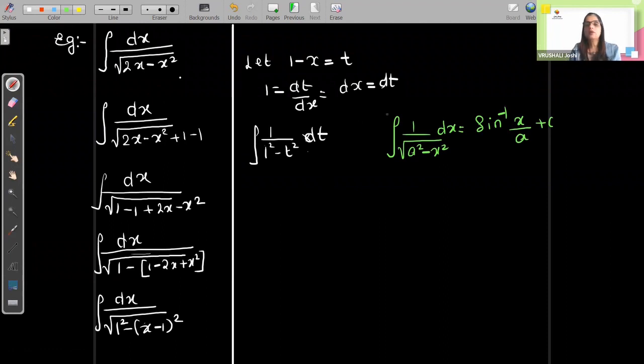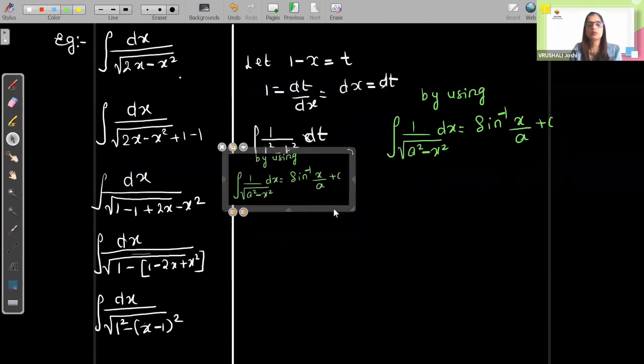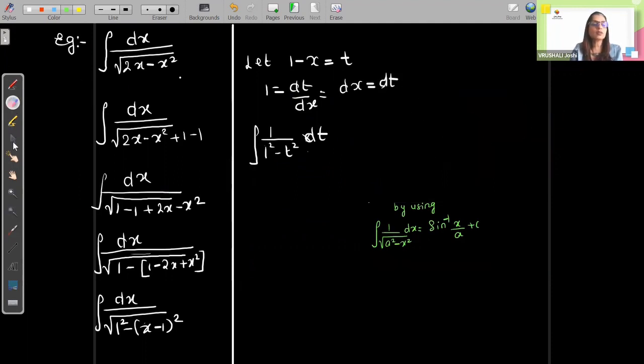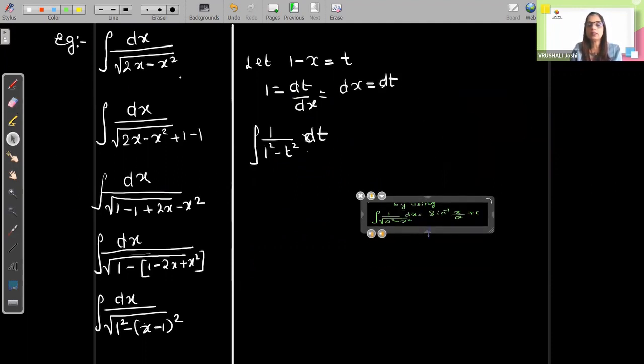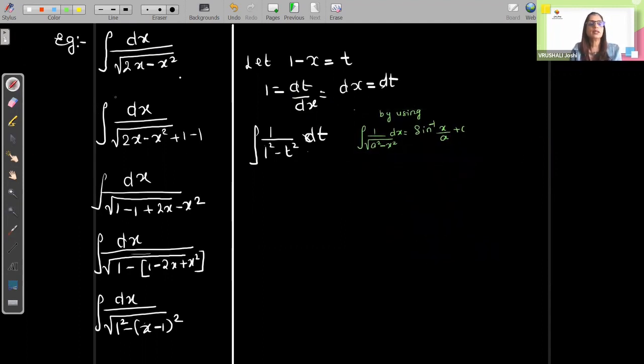Correct? This is the formula that we have. Let us erase this formula once, because we need place to solve the question. If you keep writing the formulas while doing the sum, it is going to be easy.